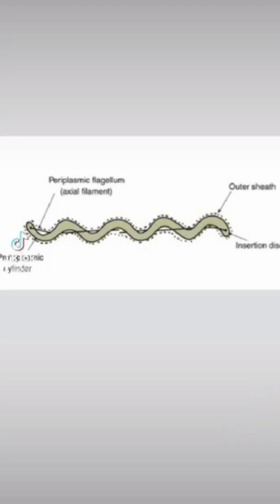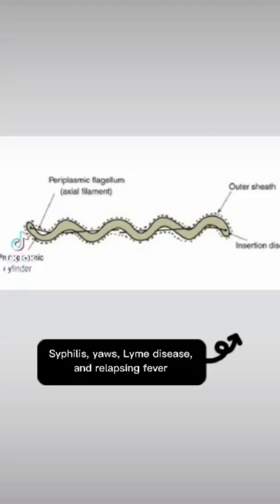The fibrils are attached within the cell wall by plate-like structures called insertion discs, located near the end of the cells. The protoplasmic cylinder gyrates around the fibrils, causing bacterial movement to appear as a corkscrew-like winding. Lastly, spirochetes can cause disease such as syphilis, yaws, Lyme disease, and relapsing fever.